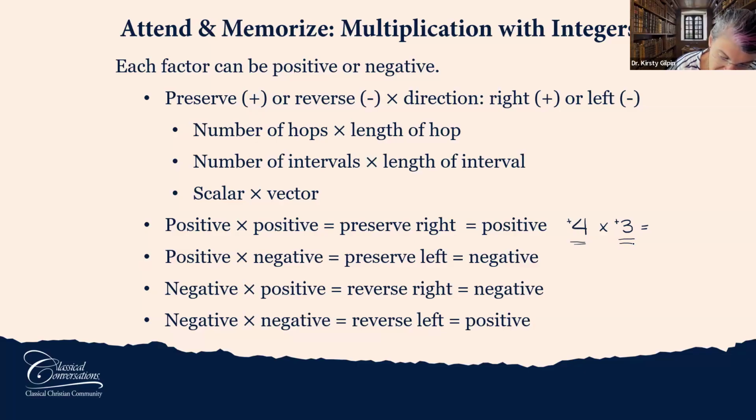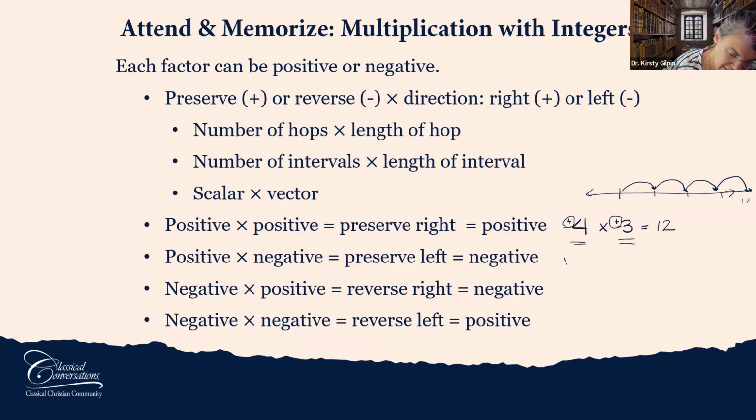And what I'm preserving is to the right 3 units. And if I'm still working on visualizing this, I might draw a little number line. And I would say, okay, I need 1, 2, 3, 4 hops, or 4 vectors or whatever I'm talking about, intervals. I kept the same direction, so I know that I'm going to the right, and that ends up at 12.